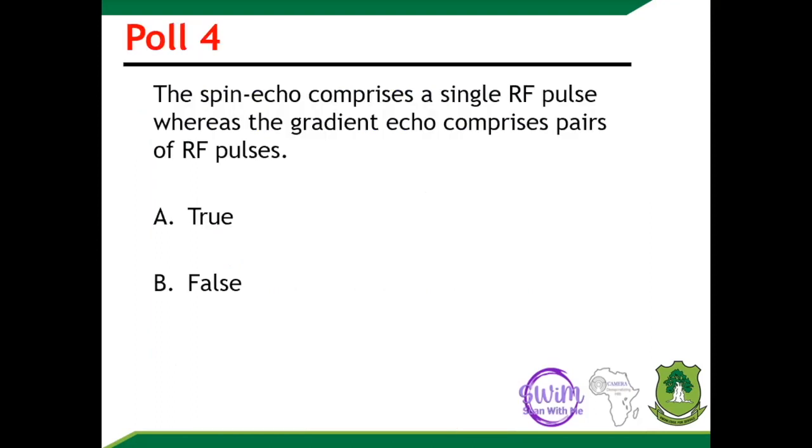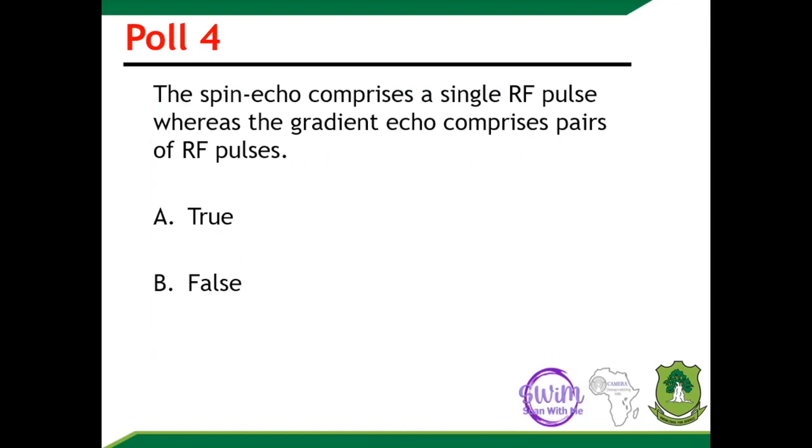The last question for the day. I've mentioned two pulse sequences, spin echo and gradient echo. The spin echo is the one I mentioned that uses a series of 90, 180 pulse sequences.